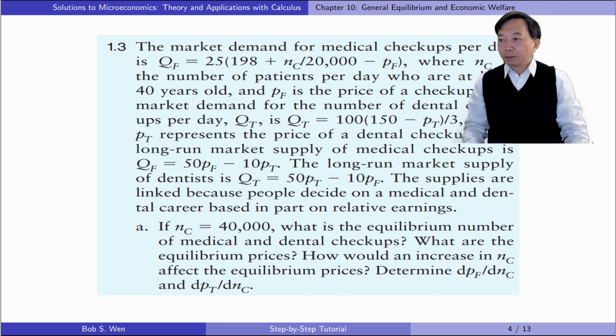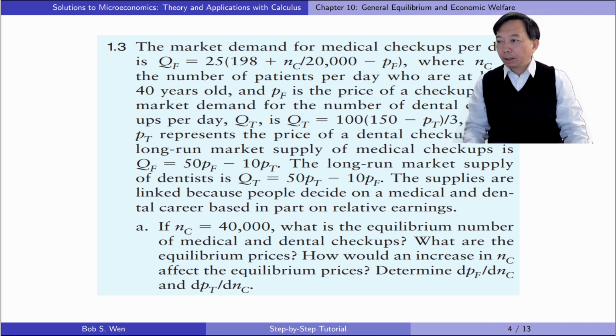The long-run market supply of medical checkups is QF equals 50 times PF minus 10 times PT. The long-run market supply of dentists is QT equals 50 times PT minus 10 times PF. The supplies are linked because people decide on a medical and dental career based in part on relative earnings.